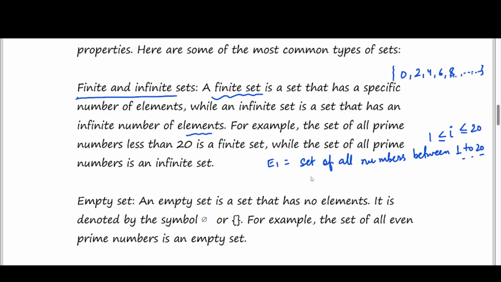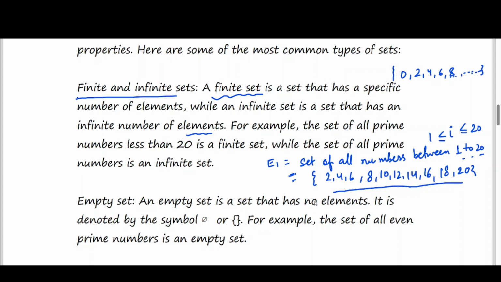If I say that Even is the set of all these, what elements will it contain? It will contain 2, 4, 6, 8, 10, 12, 14, 16, 18 and 20. There will be no other elements inside this. These are all the even numbers from 1 to 20.